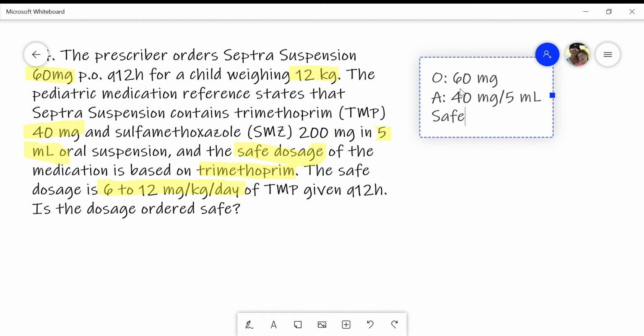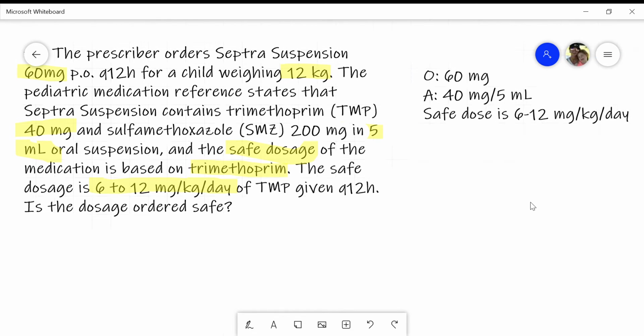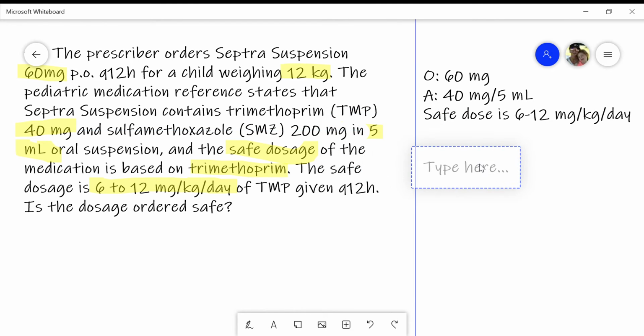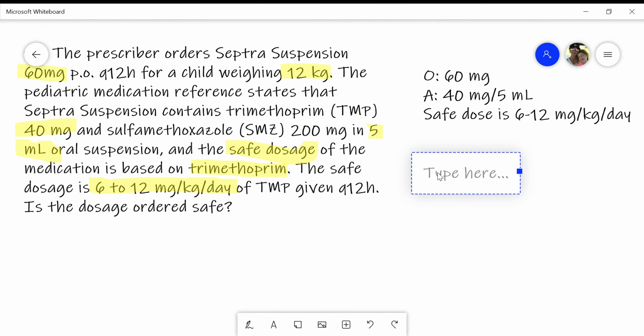And our safe dose is 6 to 12 milligrams per kilogram per day. So the first thing we want to do is find out what our base is on our available. So 40 milligrams divided by 5 milliliters.